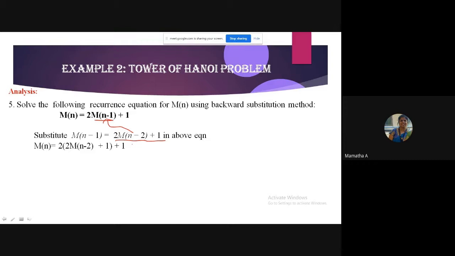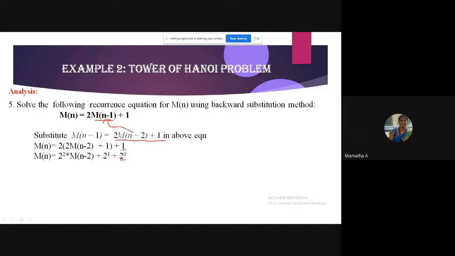Instead of writing 4, I just kept 2 to the power 2. Such problems, try to maintain in this way: 2 to the power 2 into m of n minus 2, plus 2, which I wrote as 2 to the power 1, plus 1, which I wrote as 2 to the power 0.